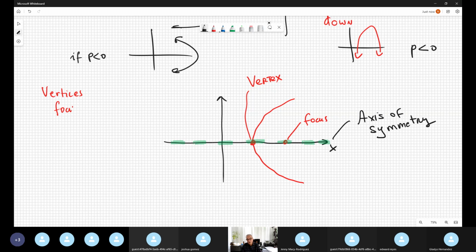It's logical, no? The axis of symmetry splits the parabola into equal parts. The focus always lies on the axis of symmetry inside the parabola. You never see a situation where this is a parabola and the focus is outside. No, the focus is inside.